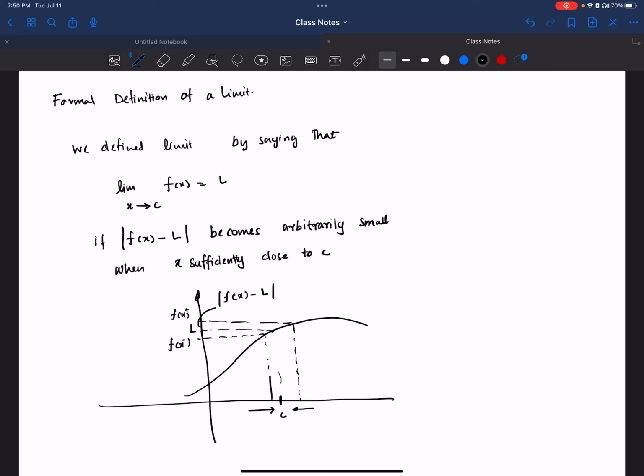So when you move just a little bit here, you get a small distance between L and f of x, either positively or negatively. So mathematicians came up with a formal definition for this.